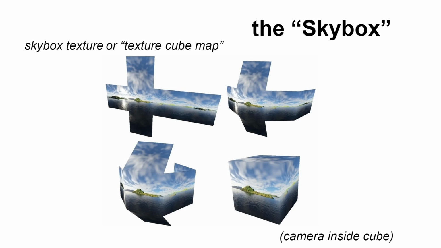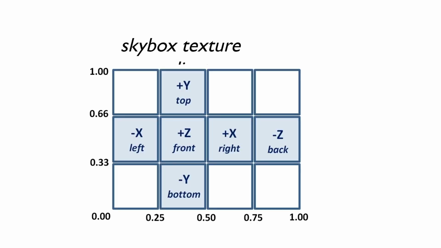That's the basic idea behind the skybox, right? So it's a fancy texture. It has a left, right, a top, a bottom, and a front and a back, right? That's how it would be if we actually wanted to lay out that texture as a single texture.